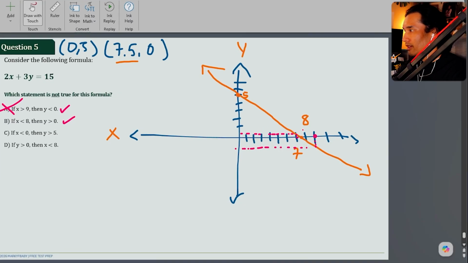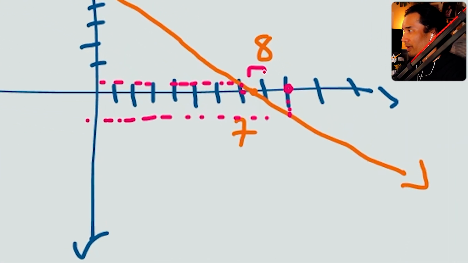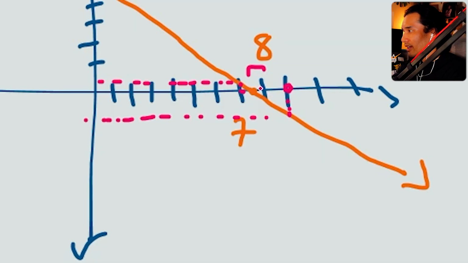But remember, there's this little sliver right here between 7.5 and 8. And if I chose like half of 7.5 to 8, 7.75, all right? When I walk the tightrope over here and go to the y-axis, y is negative when x is 7.75 or 7.6, 7.7, 7.8, 7.99.